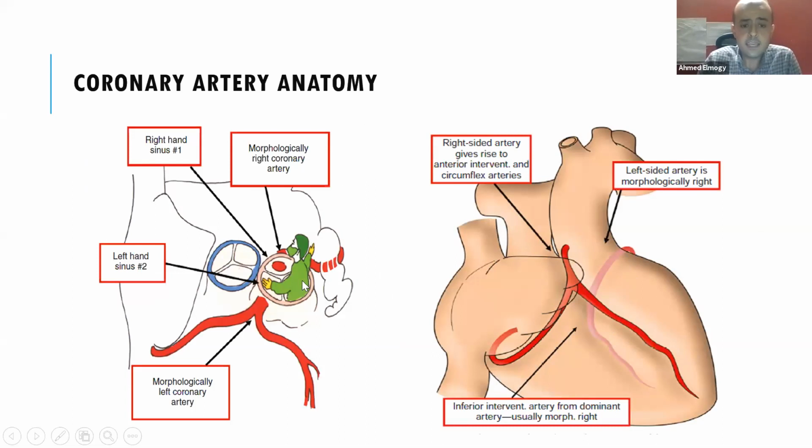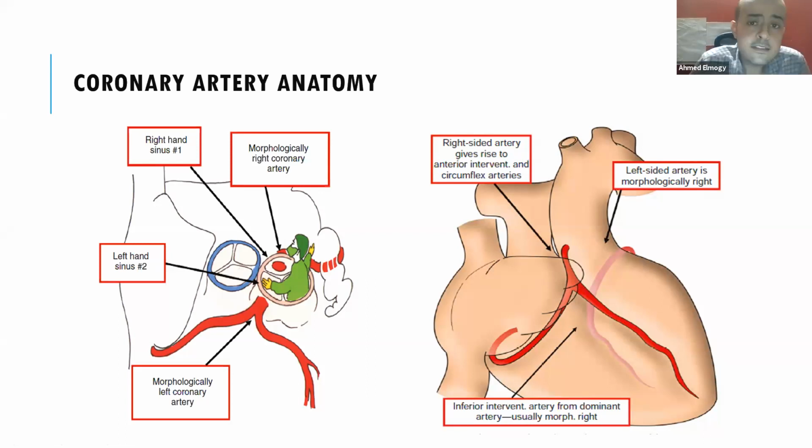They take the names sinus 1 and sinus 2, by imagining the surgeon sitting in the non-facing sinus to the pulmonary valve. The sinus on the right hand is named sinus 1, and on the left hand is sinus 2. This is better for describing the origin of coronary arteries and for preparation of surgery.